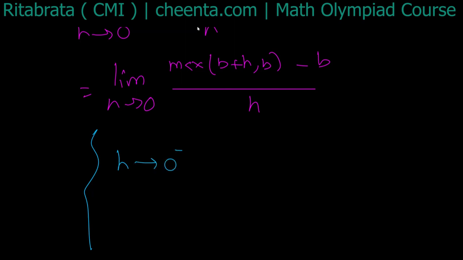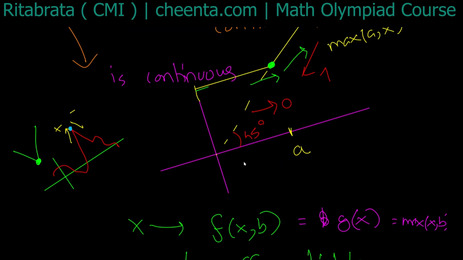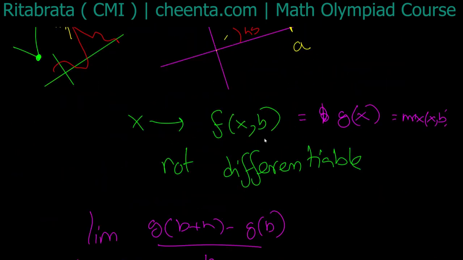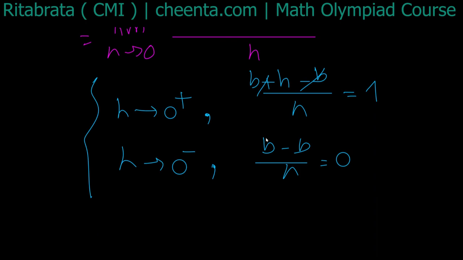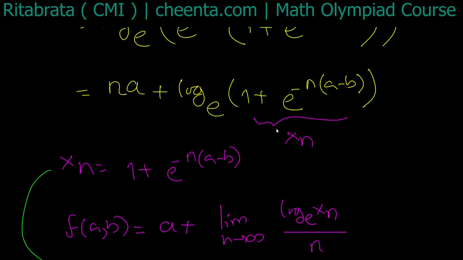When h tends to 0 plus, b plus h is bigger than b, so the maximum is b plus h, subtracted with b and divided by h, this is 1. And when h tends to 0 minus, b plus h is smaller than b, so the maximum is b, and b minus b by h is 0. So from left your slope is 0 and from right your slope is 1, just like this picture. So g is not differentiable at some points.